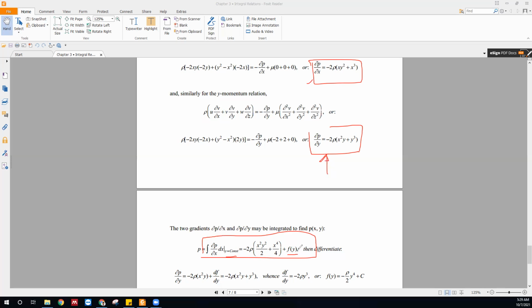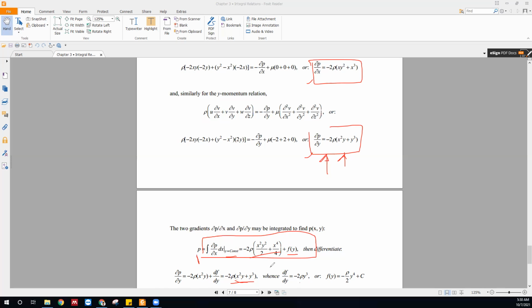Because that's a function of y only, it will not be a partial derivative, it will be a full derivative. So it equals -2 rho multiplied by, this is actually the same as this one, right? This is the pressure equals this term. Now we take the derivative of this equation with respect to y, and that should be the same as this one, so you put the value delta p by delta y equals this one. Now we get df by dy equals this.